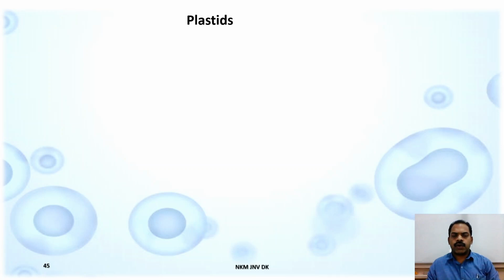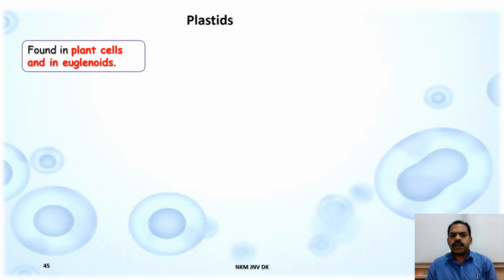So we have discussed a lot of cell organelles. Now we are going to discuss plastids. Plastids are a unique feature of plants as well as euglenoids. You may know about euglenoids, Euglena.